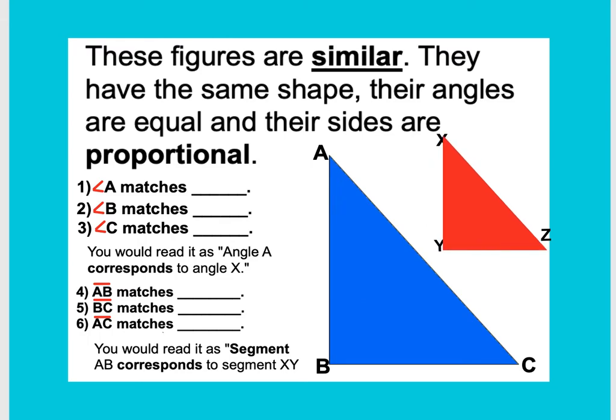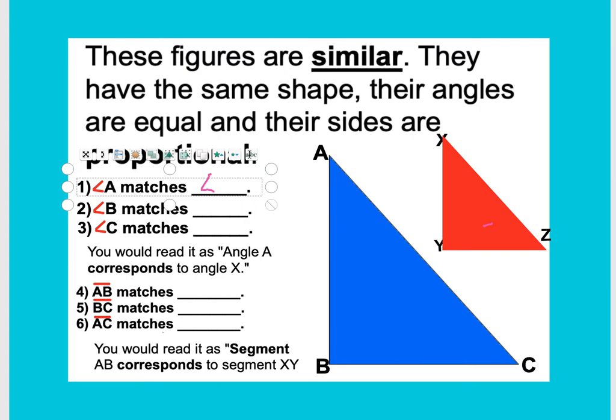All right. So these are similar. They have the same shape. Their angles are equal. We just proved that. But their sides are in proportion. So angle A matches with angle what? Angle A matches with angle X. Very good.